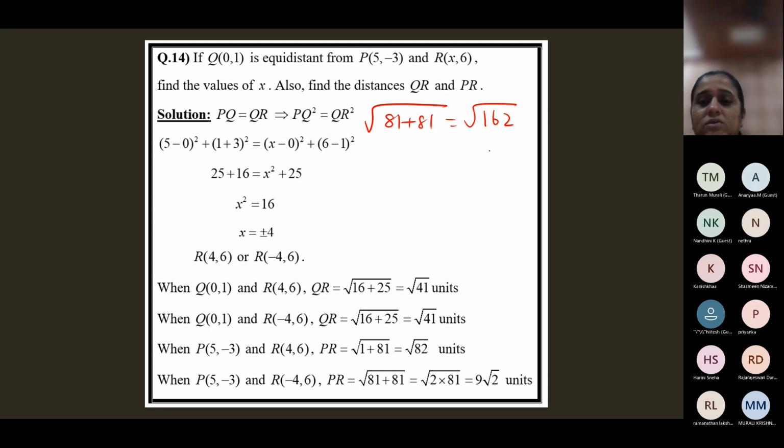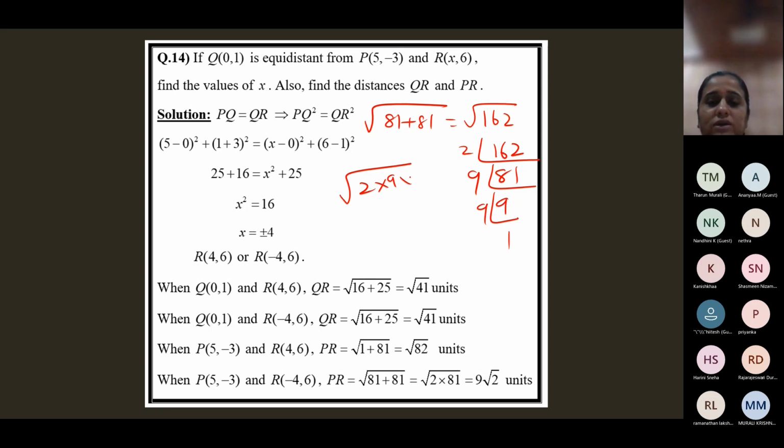So 162, 2 nines are 18, then 3 and all that. You can use 3 or you can use 9 also. We shouldn't use a non-prime number, but I'm just finishing it like that for you. So you get square root of 2 into 9 into 9. So from 2 nines, 1 nine comes out: 9 root 2. That's what you'll get finally.